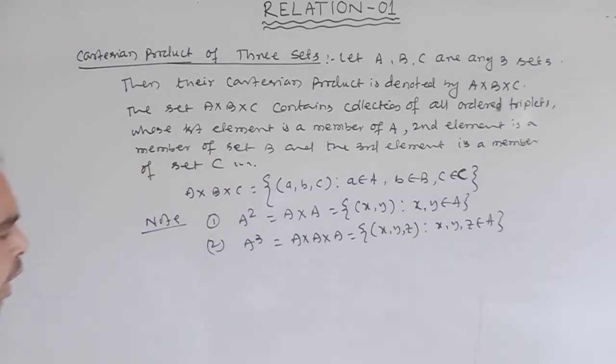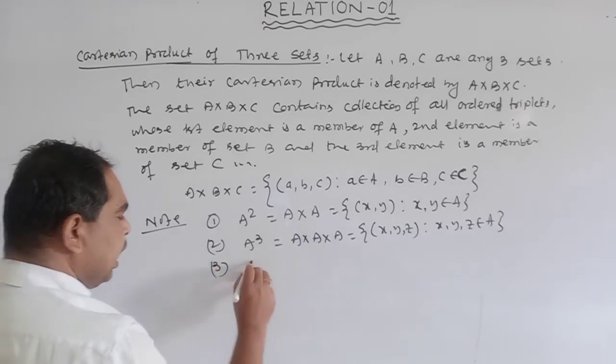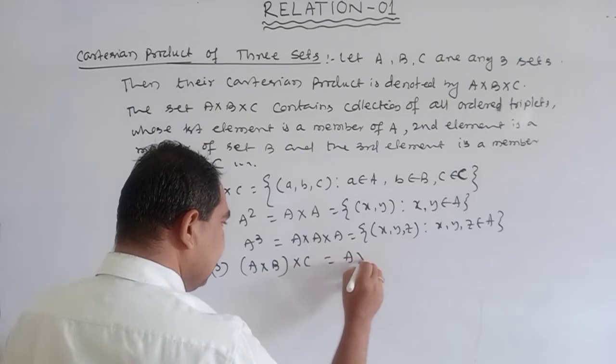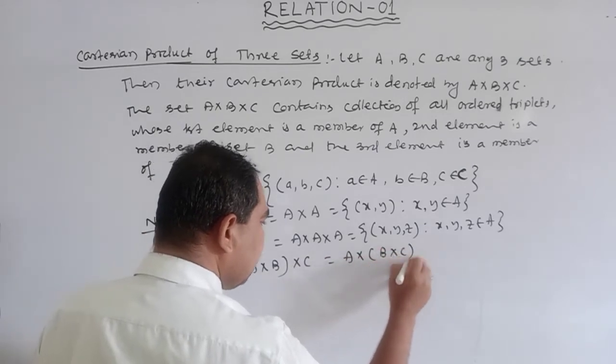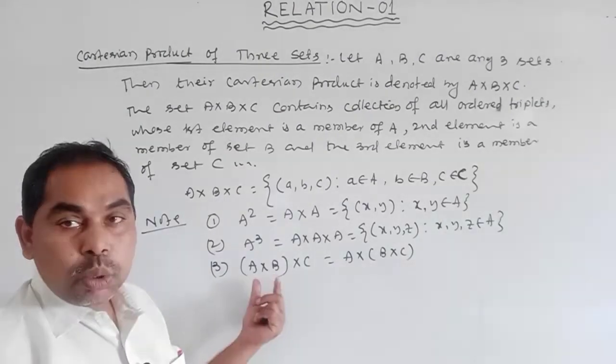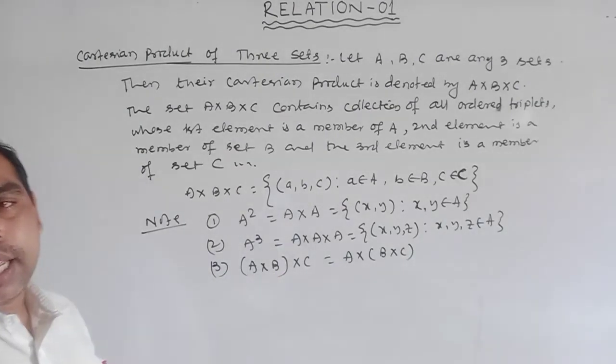Next, 3: A into B into C is equal to A into B into C, meaning it satisfies the associative property.